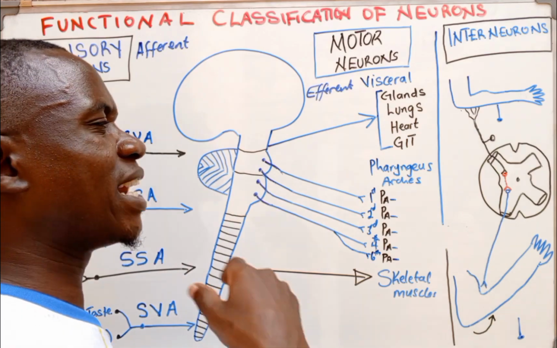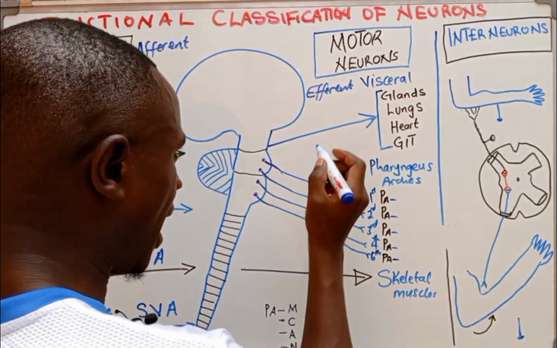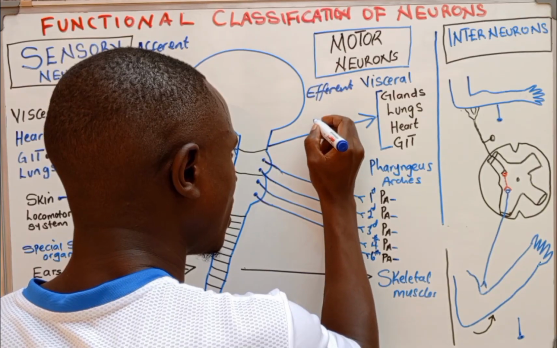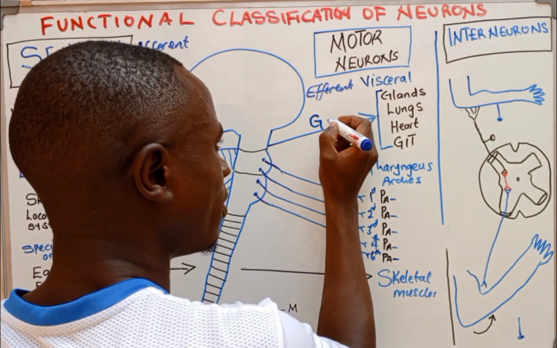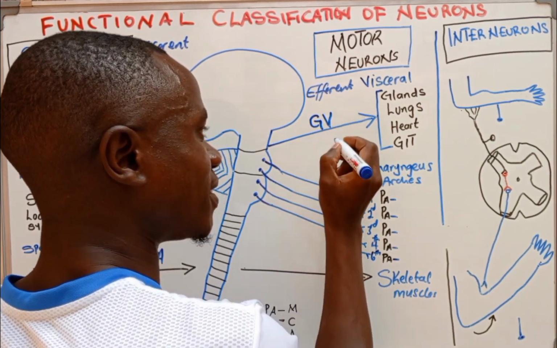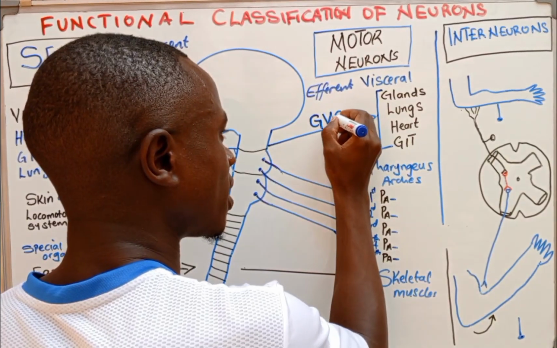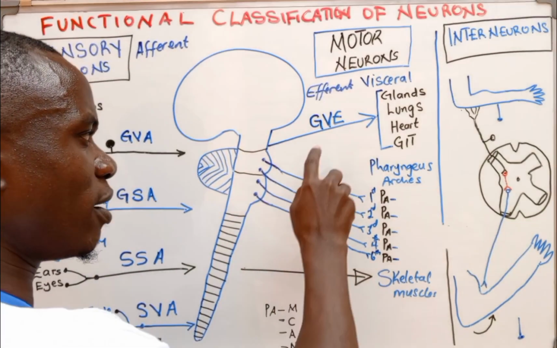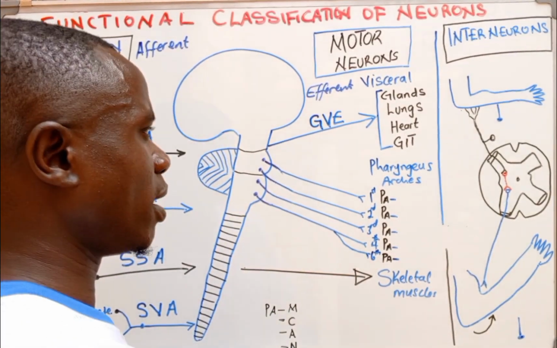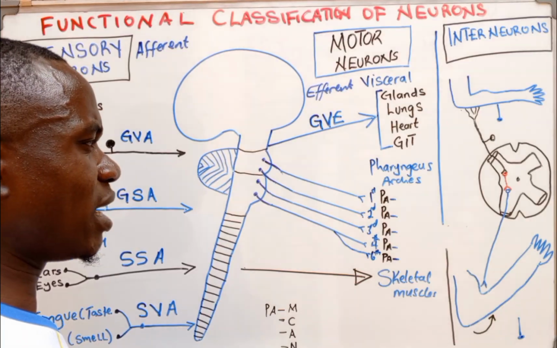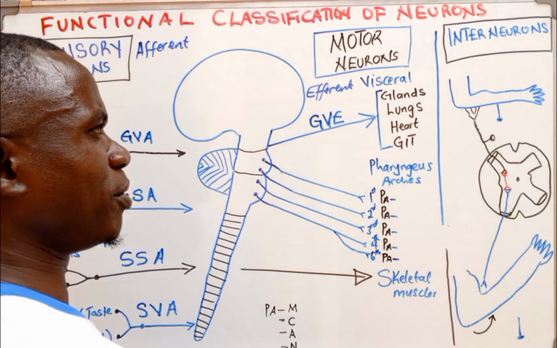But of course, they are going to be general, but they are going to be visceral. And because the information is exiting, they're going to be general visceral efferent fibers, or what we call motor fibers. It is such a beautiful thing.